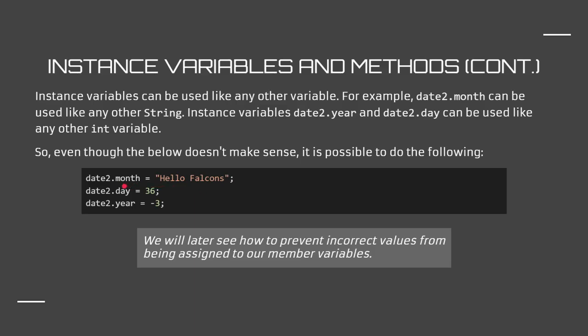So month can be given any string value, day and year can be given any integer value, even if it doesn't make sense in context. Later on, we're going to see how to prevent incorrect values from being assigned to our member variables. So for now, just know that this is possible.